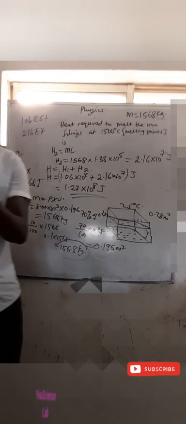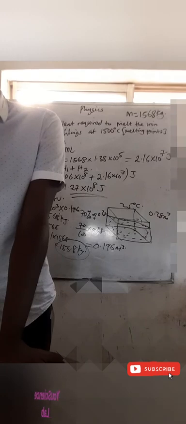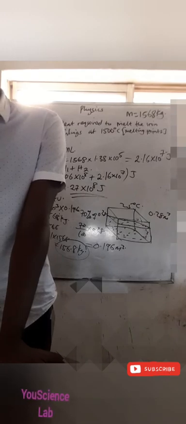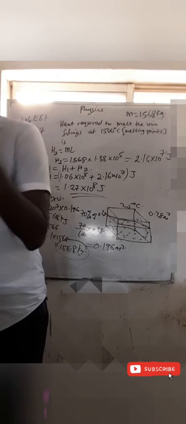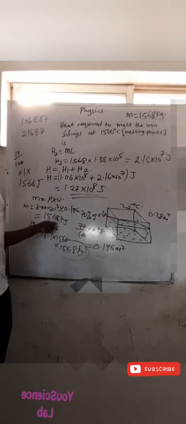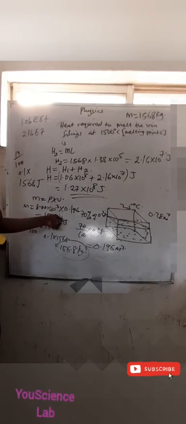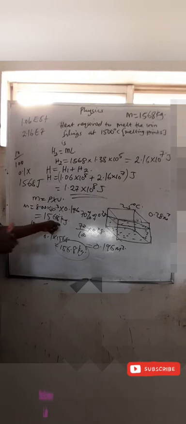Okay, what's the question again? They say that 10%. Okay. But in the third question I saw, it said I have to melt the full iron filing. No, it's just 10% of it that will melt. So that's why we calculated 10% of it. It is not all these iron filings. We have to calculate the heat that will melt only 10% of this. That's why we use 10% of this one, 156.8.